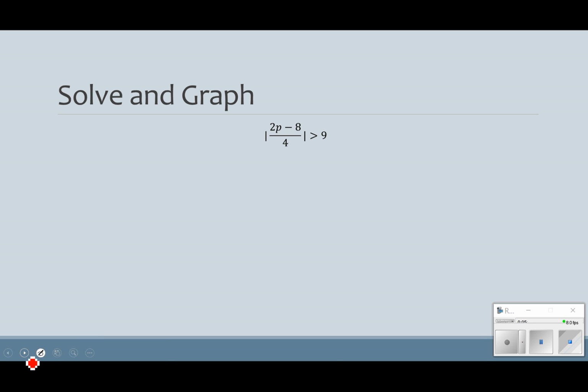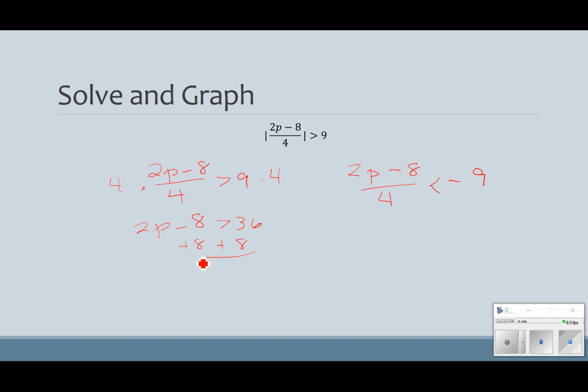All right, last example. We've got the absolute value all by itself, so we're going to set up our two inequalities. The absolute value of (2p minus 8) divided by 4 is greater than 9, so (2p minus 8) divided by 4 is greater than 9, and (2p minus 8) divided by 4 is less than negative 9. So to solve, I multiply by 4, and I get 2p minus 8 is greater than 36. If I add 8, I'm going to get 2p is greater than 44.